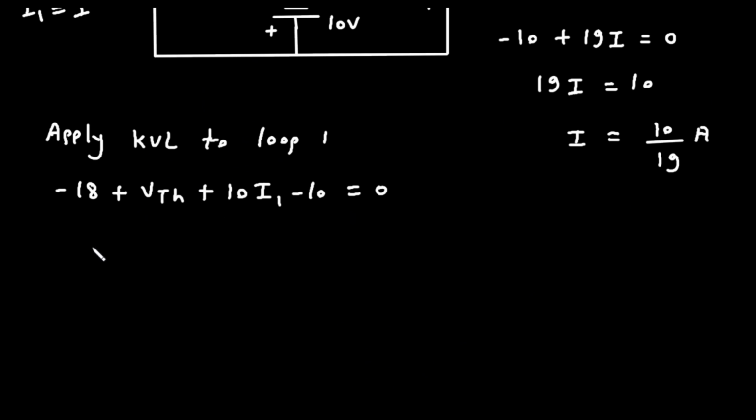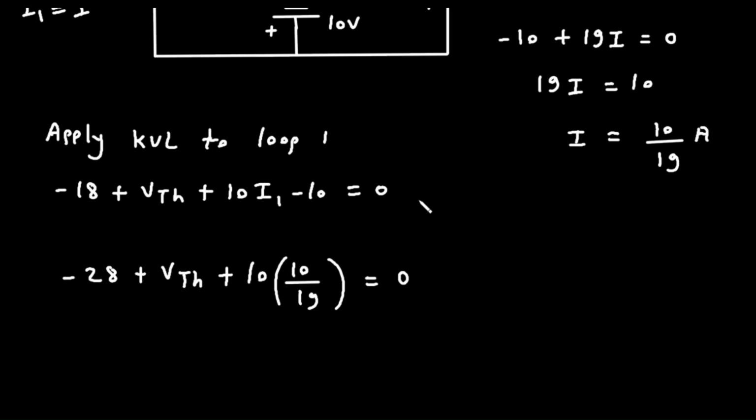Let's simplify this. Minus 18 and minus 10 will be minus 28, plus VTH, plus 10 into I1. Now 10 into I1 is 10 by 19, so the expression is equal to 0.